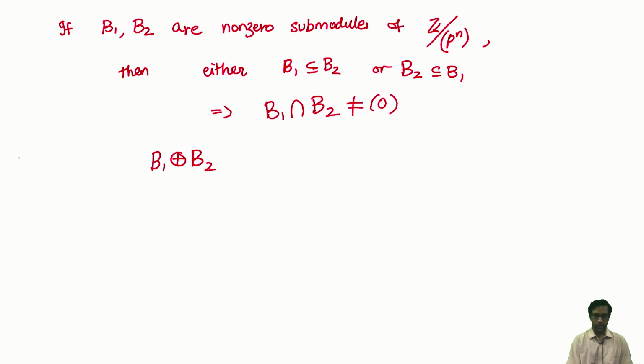So this automatically proves that it doesn't make sense to say that the whole module is their internal direct sum at all. Okay, so this again demonstrates the utility of trying to understand submodules of a quotient in terms of submodules of the ambient module.